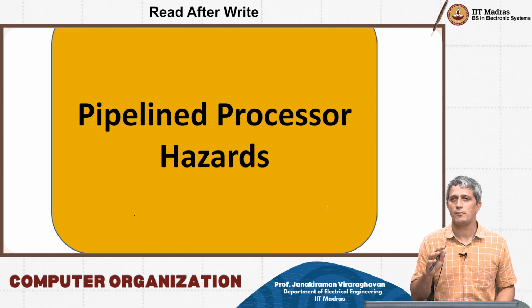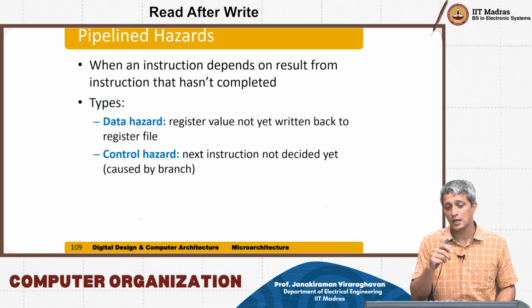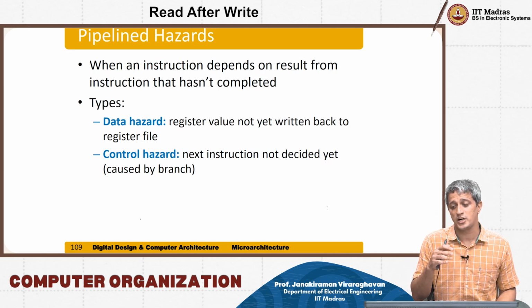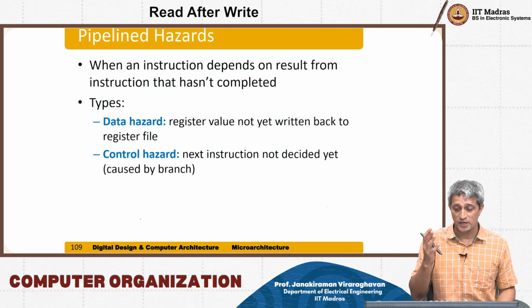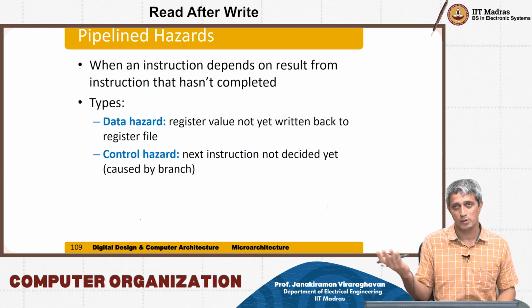Pipeline processor hazards really is very related to the problem that we just discussed. It happens when an instruction depends on the result from an instruction that hasn't completed, because it takes multiple clock cycles.